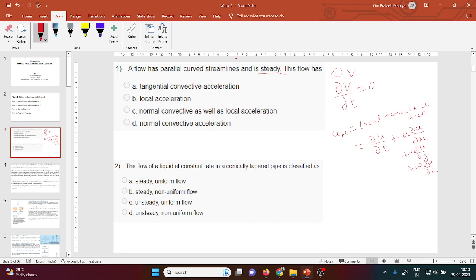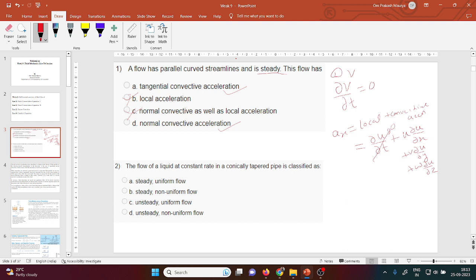In the fluid flow, already here it is written steady, so this term is 0, that is, the local acceleration is 0. So option B and option C both have local acceleration, so they are wrong. The only remaining things are the normal convective acceleration and the tangential convective acceleration.